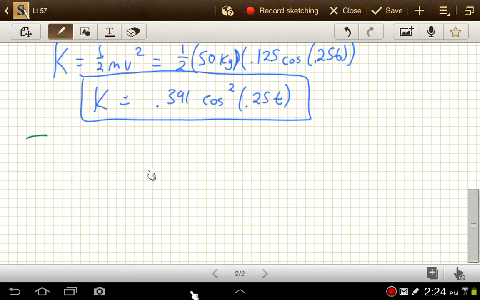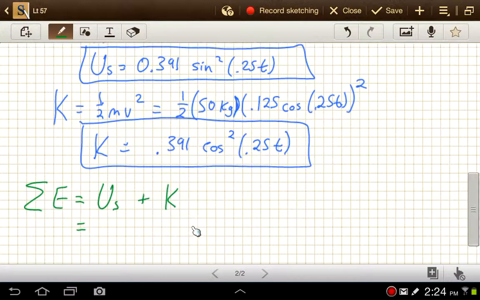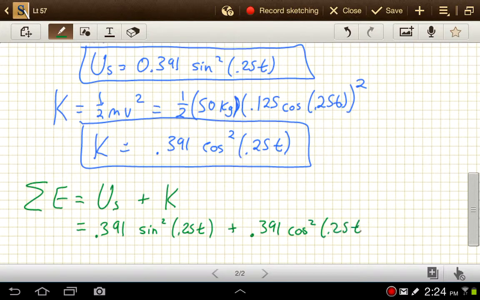Okay, so total energy would be equal to the spring energy plus the kinetic energy, which would be 0.391 sine squared of 0.25t plus 0.391 cosine squared of 0.25t.